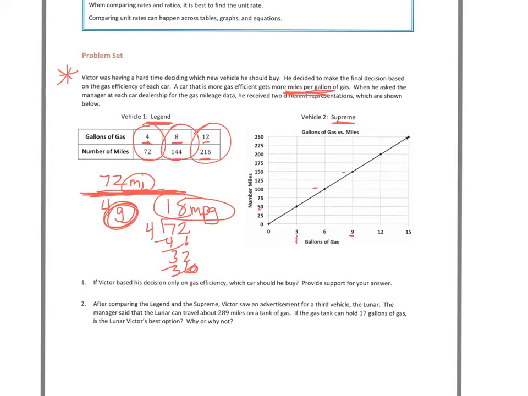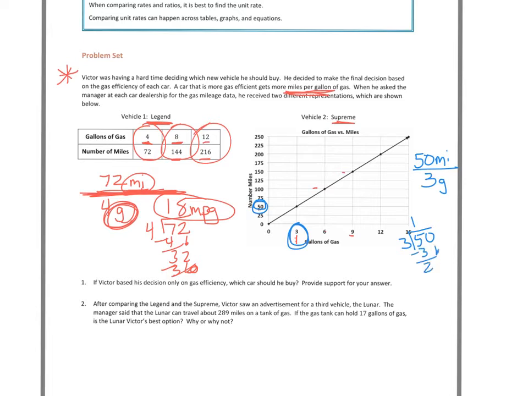Now for the Supreme, I'm gonna pick one, and I'm gonna use the first one here, 3 gallons and 50 miles. And again, I want miles per gallon, so I got to put 50 miles for 3 gallons. And I'm going to divide again, 50 and 3.